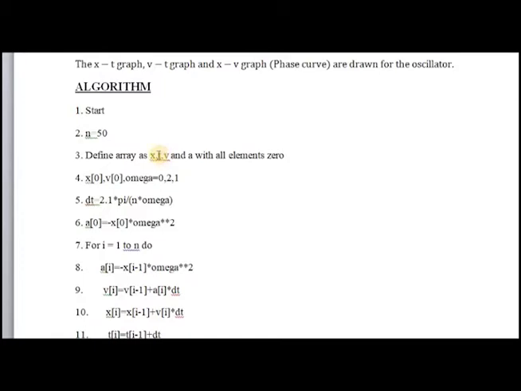I can initialize a list or array, so here I am initializing arrays X, T, V and A with all elements as 0. Then we give initial values for position, velocity and omega square. Initial position is given as 0, initial velocity is given as 2, and omega is given as 1, and dt, which is the time step.